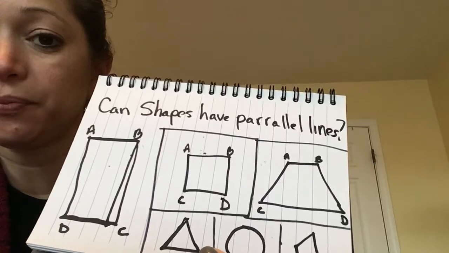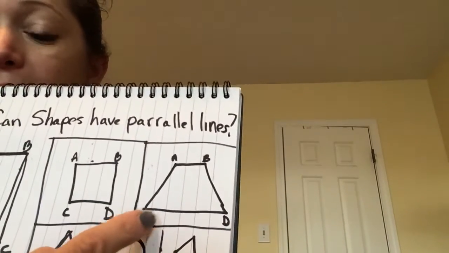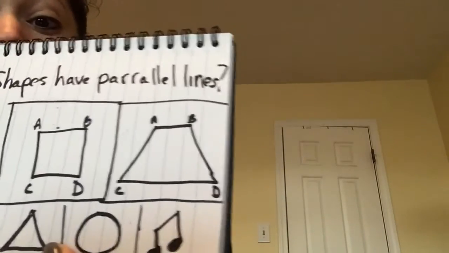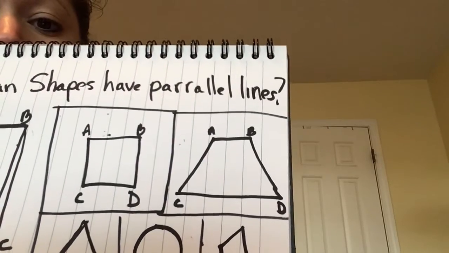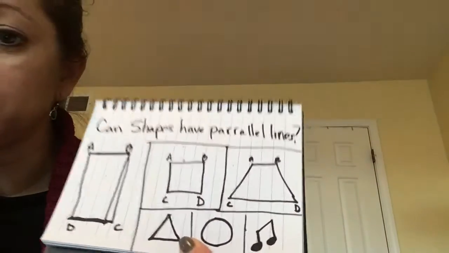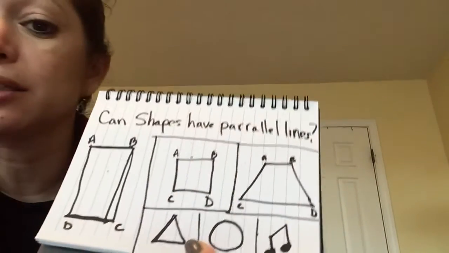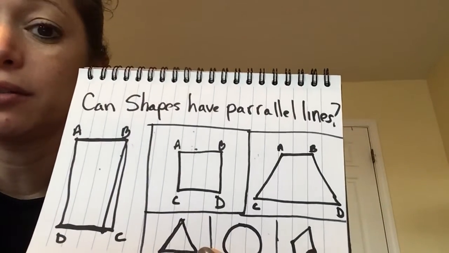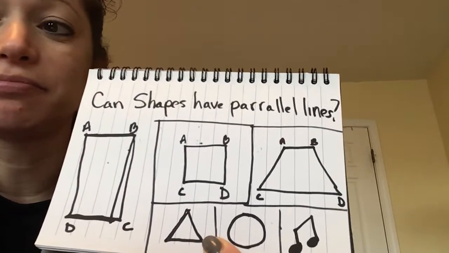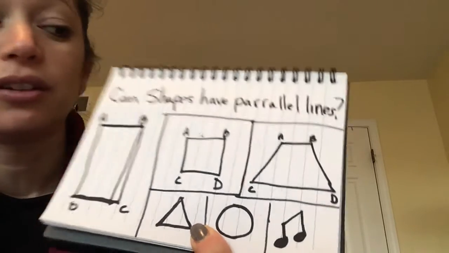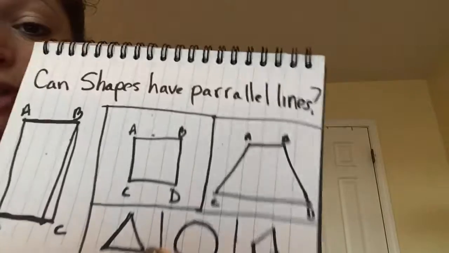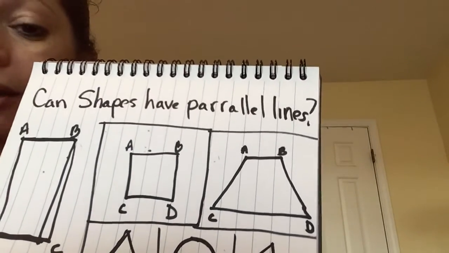Got it? Let's take a look at this next shape. Anybody remember what this is called? I know we've talked about that one. This is called a trapezoid. And how many sets of parallel lines, or does it have any parallel lines? What do you think, guys? This is going to be a question on your exit ticket. So, yes, trapezoids have one set of parallel lines.